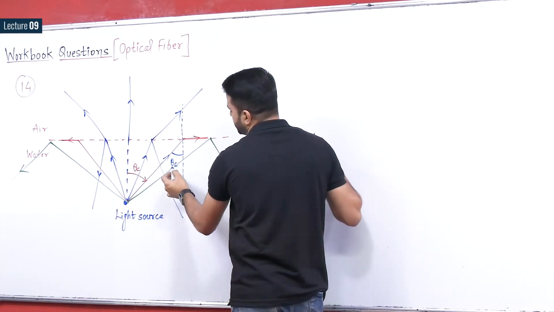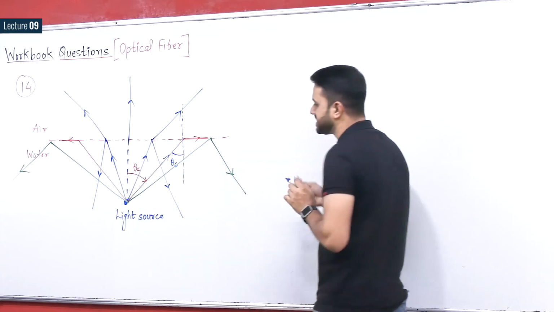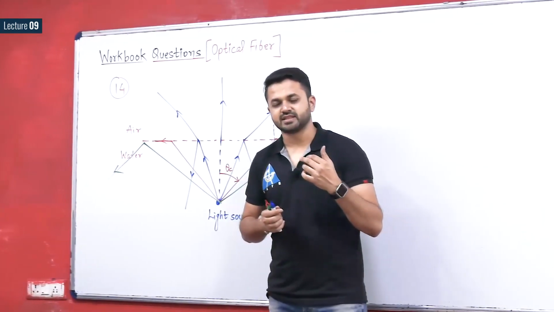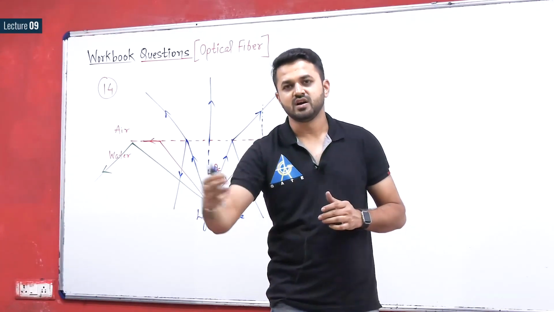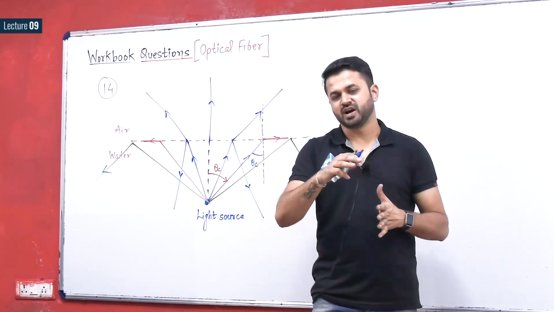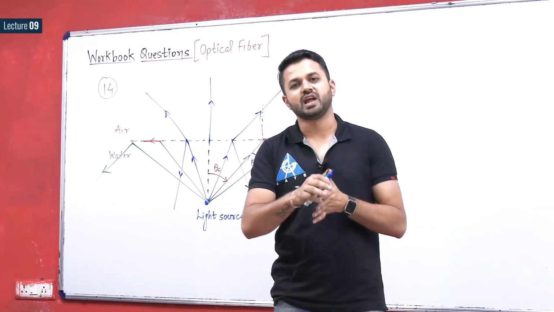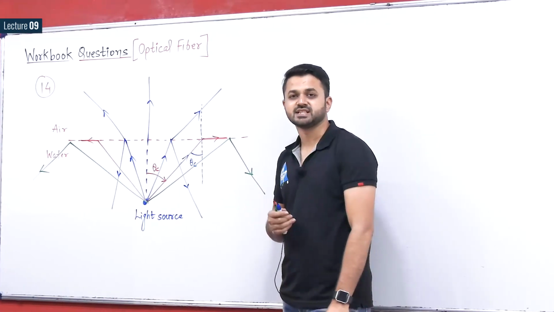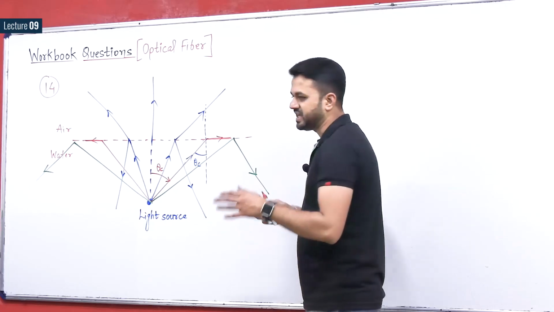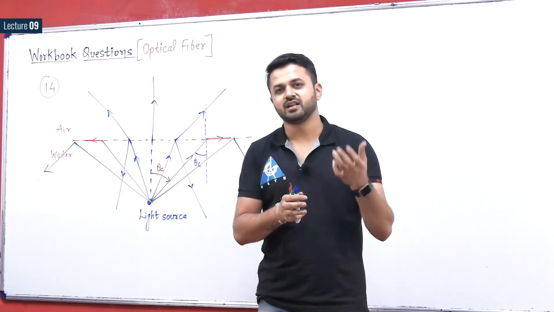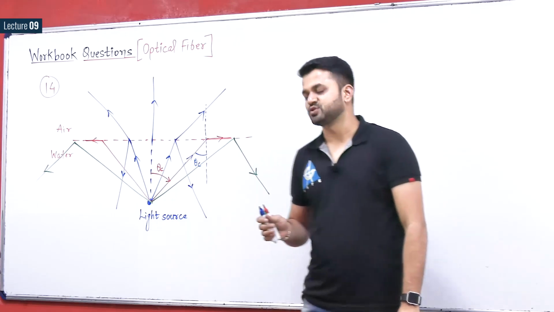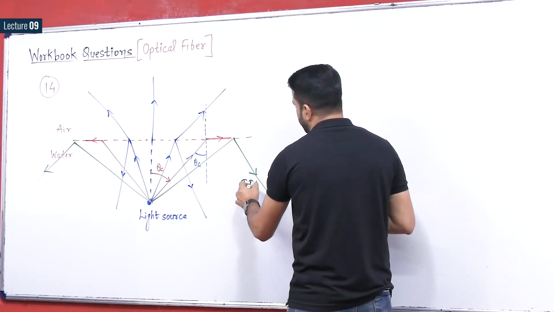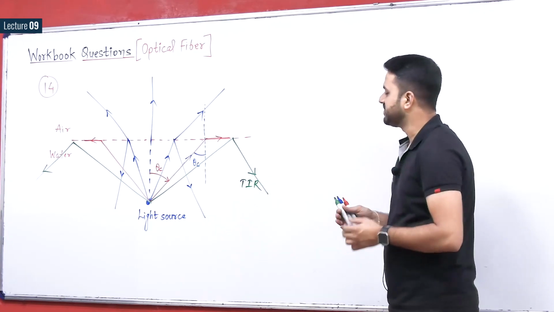So this light wave is incident on this interface making an angle theta c, and if a light makes an angle theta c, it does not go to the other medium, it makes 90 degree to the normal and it goes parallel to the interface, that we have already discussed while discussing the ray optical theory. And when any light is incident with angle greater than the critical angle, then it is totally internally reflected. So this is the light which is TIR, that is totally internally reflected. It is not even traveling in the second medium.